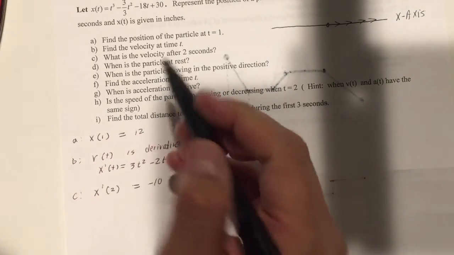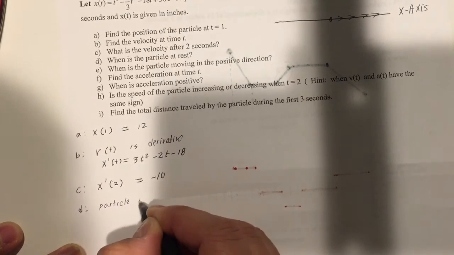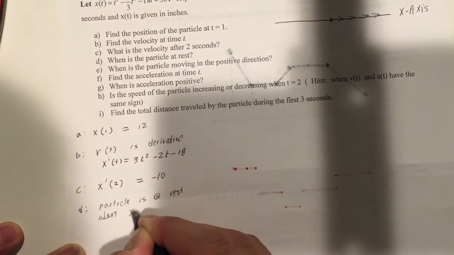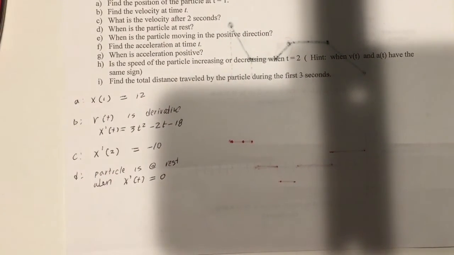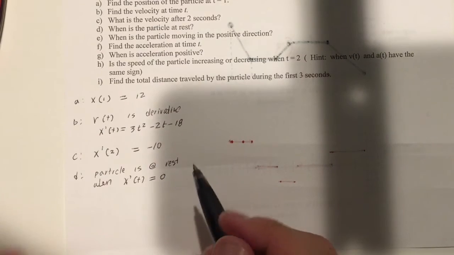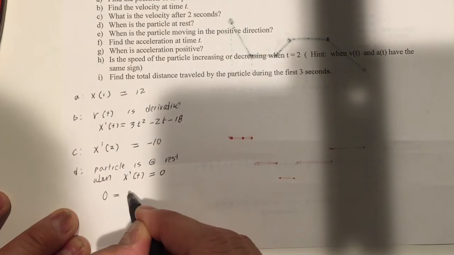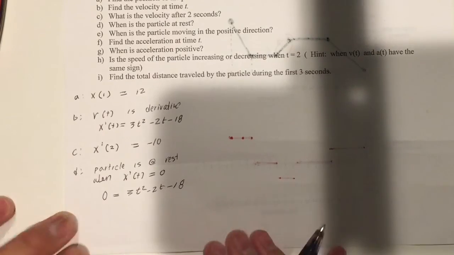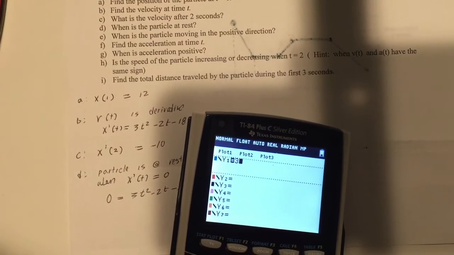When is the particle at rest? The particle is at rest when x prime of t equals 0. So we find its derivative and then we set it equal to 0. We did find its derivative in part B, so now we set it equal to 0, and then we solve. To make it fast and simple, I'm going to solve it using a calculator.